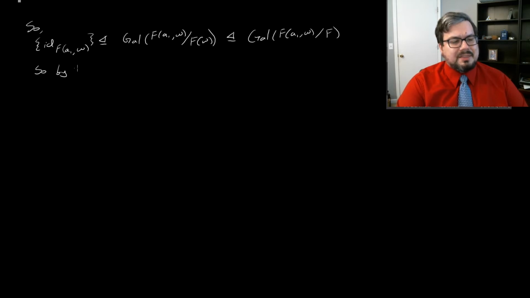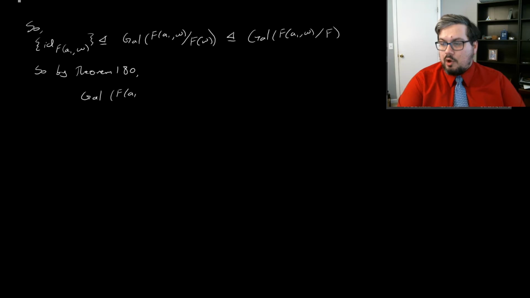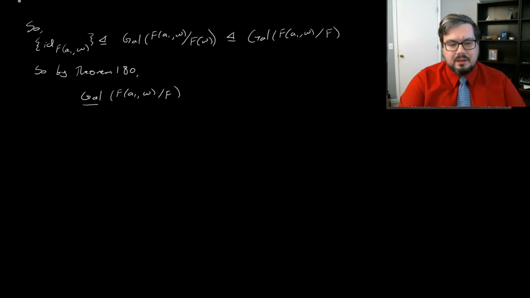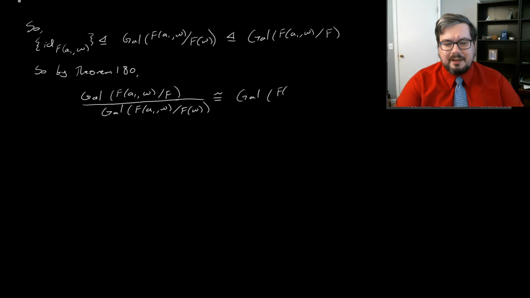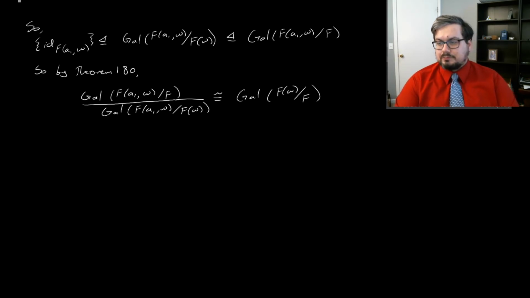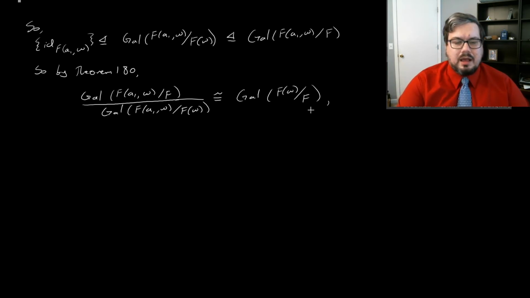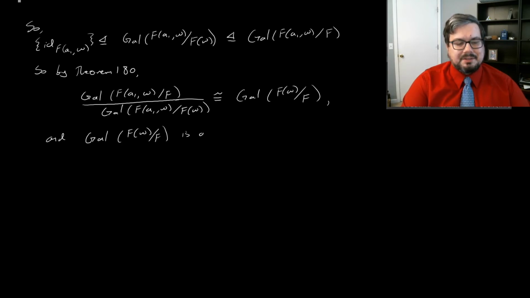So by Theorem 180, that is the fundamental theorem of Galois theory, we have that the Galois group of F of a1 omega over F, mod the Galois group of F of a1 omega over F of omega, is isomorphic as groups to the Galois group of F of omega over F. And we know, or we've proven, that the Galois group of F of omega over F is abelian.